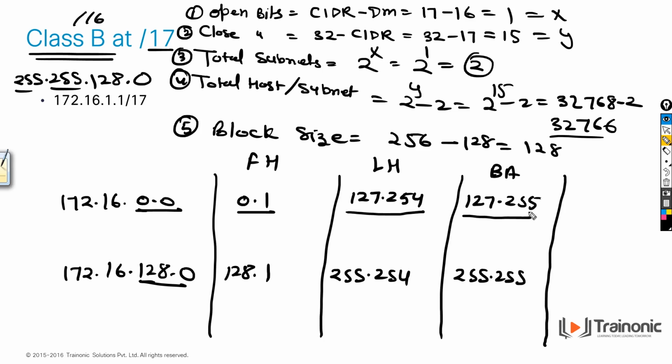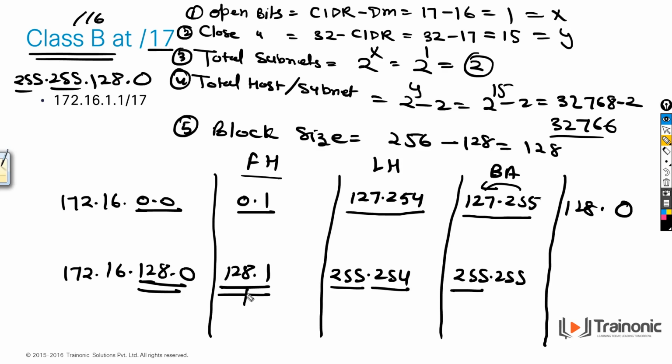When we add one bit here, it will become 0 and increment 1 here, so it becomes 128, which is your next subnet. So the first host of the next subnet is 128.1, the last host is 255.254 and the broadcast address is 255.255.